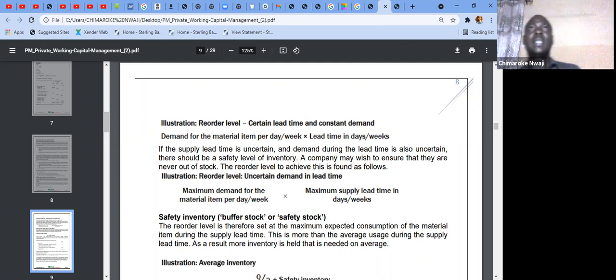So it means that if you were doing it in Excel, let's assume that the reorder level is 25,000. If you are using that in Excel, and maybe your average usage happens to be like 2,000 units each day, maybe when your stock has reached 30,000 units, we're showing you the amber sign.